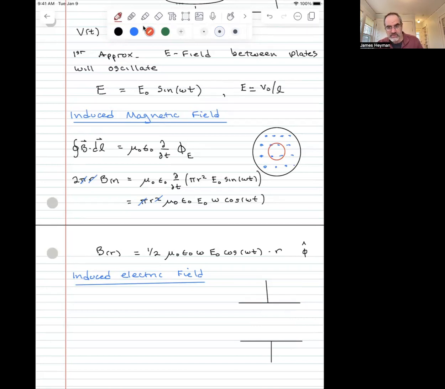If we use the right-hand rule in the first part of the problem, we can see that the direction of the magnetic field here is into the page on the right side, and out of the page on the left side.